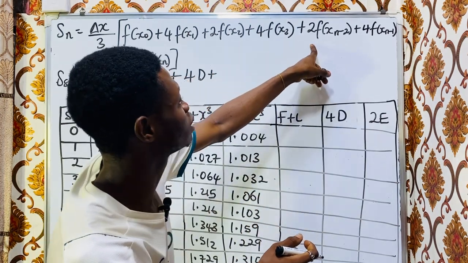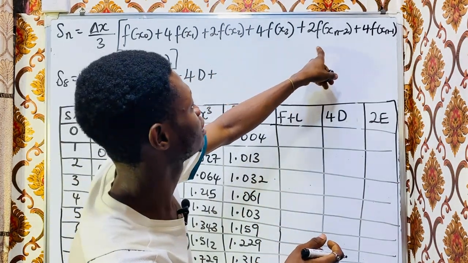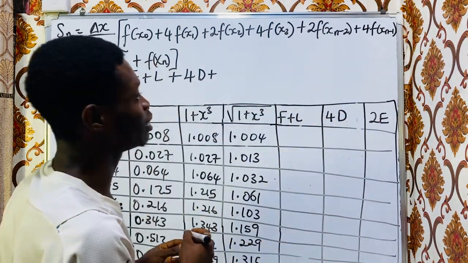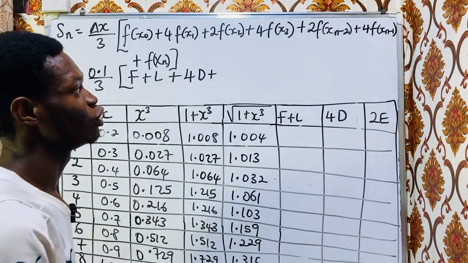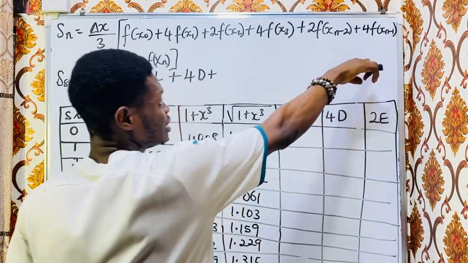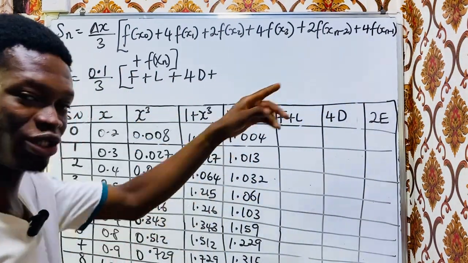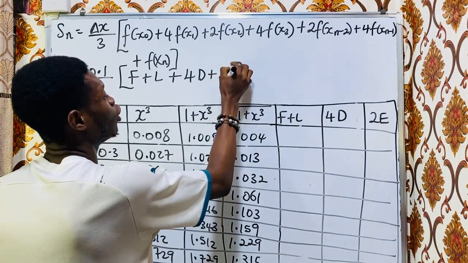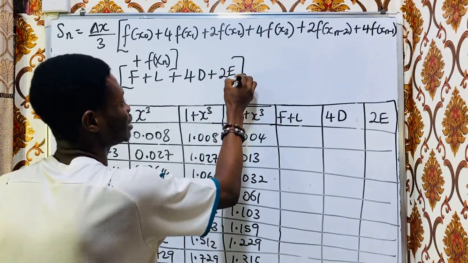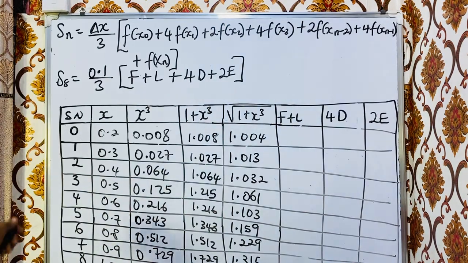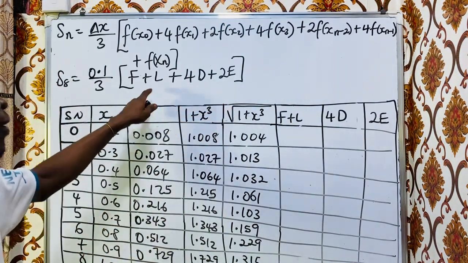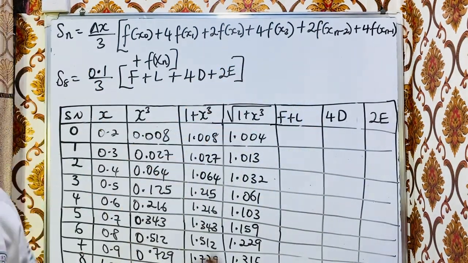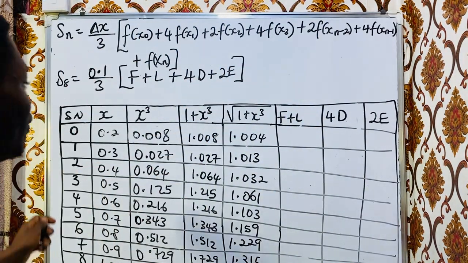This one will be 2 times x of 6 minus 2, which gives 4, so it will be x4. If you still want to get this one, it will be 6 minus 1, which is x5. So 2 is multiplying all the remaining even numbers. This is where I got my formula from.